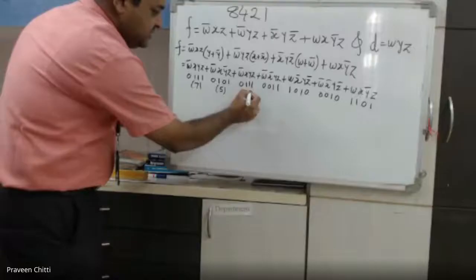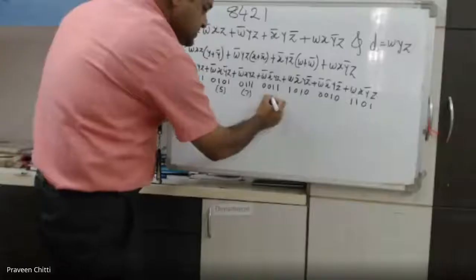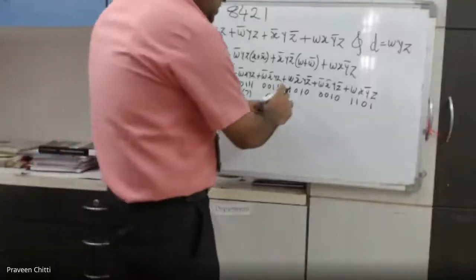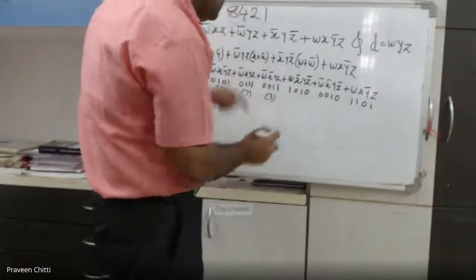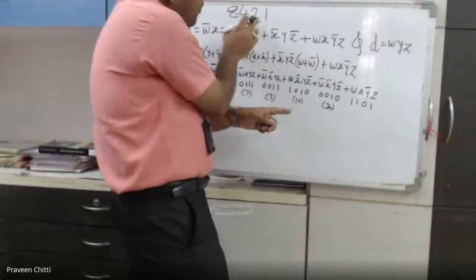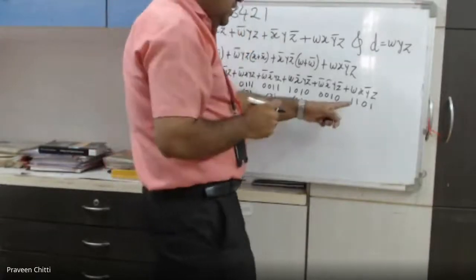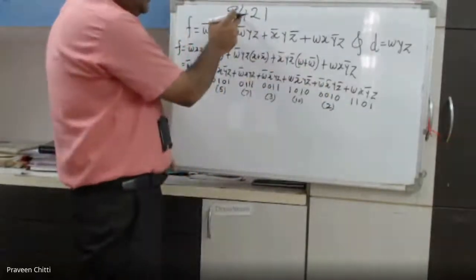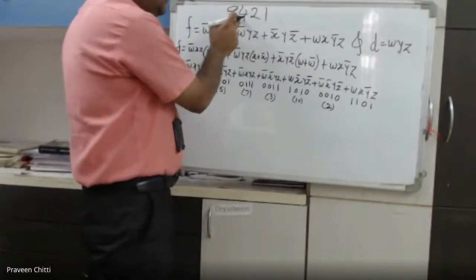This is again 7. This is 3, 2 plus 1. Then 1 0 1 0 is 8 plus 2, which is 10. Then 0 0 1 0 is 2. Then 1 1 0 1 is 8 plus 4 plus 1, which is 13.